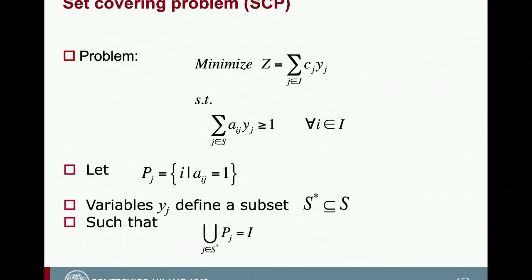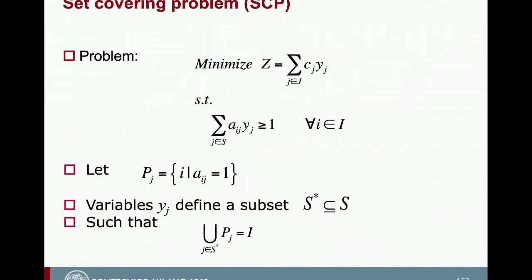So if we define the set Pj as the set of test points for which the coefficient Aij is equal to 1, this is basically the coverage set of candidate site j. So the variables yj define a subset, y star, which is a subset of the entire area that we want to cover, right?